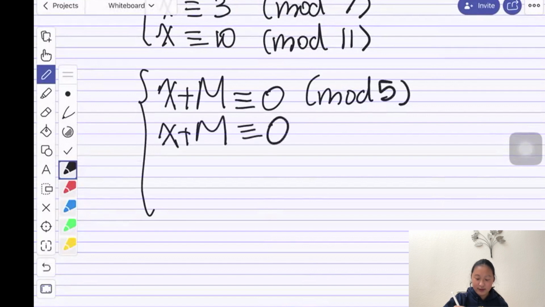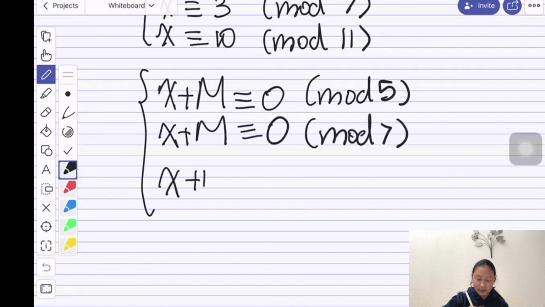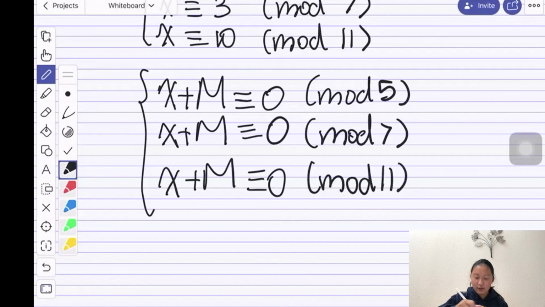It's also congruent to 0 mod 7, and it's also congruent to 0 mod 11. So our goal is to find this magical number n, and as we add the numbers, we're going to keep track of what we added and what our n will be. So let's continue.